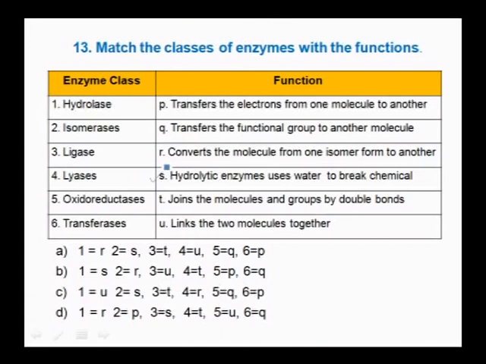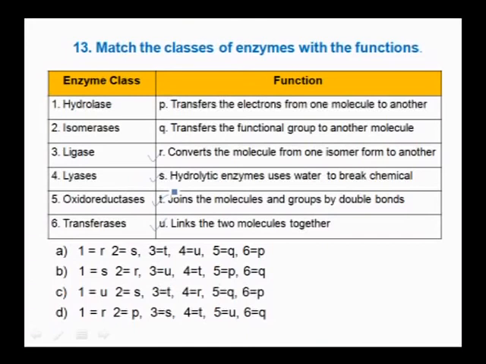Moving on to isomerases. Isomerases are the ones which will convert one form of an isomer into another form. Third, ligases, as the name indicates, are the enzymes which are capable of linking two molecules together. Fourth one, lyases. Lyases are associated with the function of joining molecules or groups by forming double bonds.